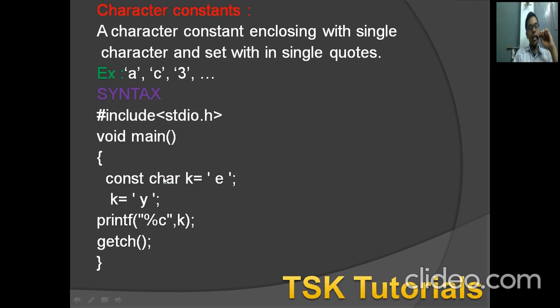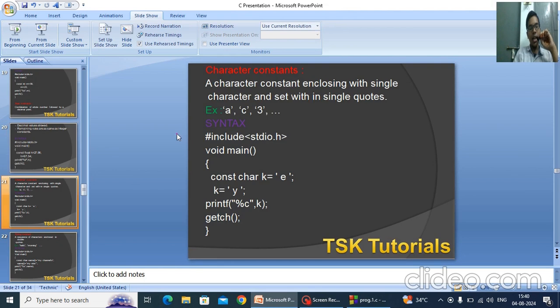As for integers, it's predefined as %d. For float, %f, and for character, it's %c. And which character do I have to call? I have to call the character stored in k. I have given the semicolon, and I have closed the program, and I am going to check whether this is working or not.